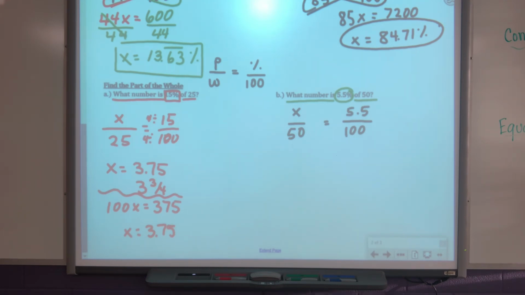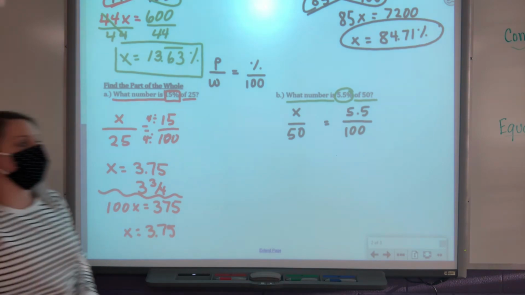Abraham? We're looking for 5.5%. We know that 10% is 5. So if we got a number larger than 5, have we done something wrong? Yeah, because we need about half of that, right?